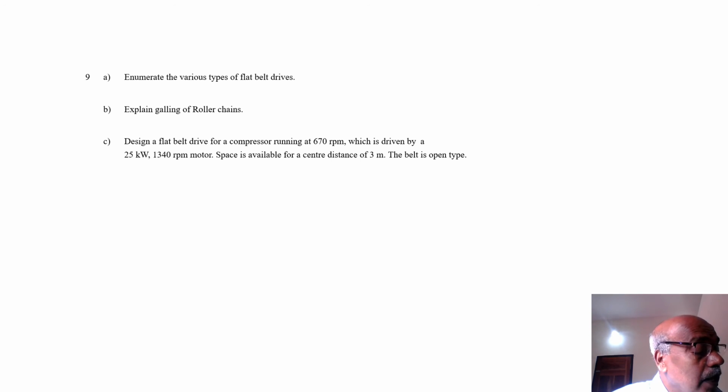So from one end to the other end the power is transmitting. For that the equations are basic equations only. Speed ratio you can write in the form of diameter ratio. From that you can locate all the speeds and the two diameters, and then you have to go for the slip value. If slip is not mentioned in the question, you can take slip as 0. No slip system.